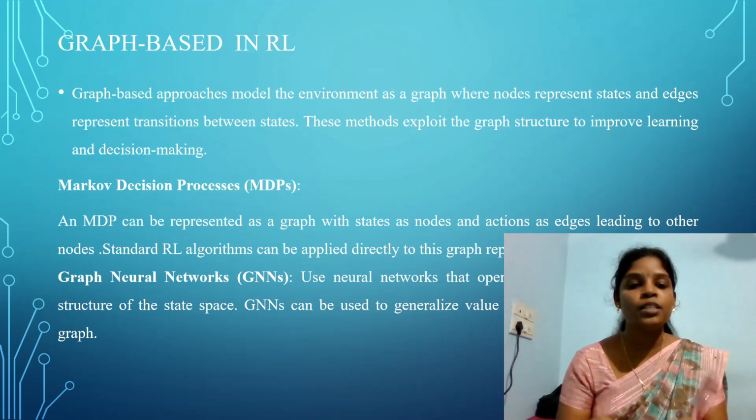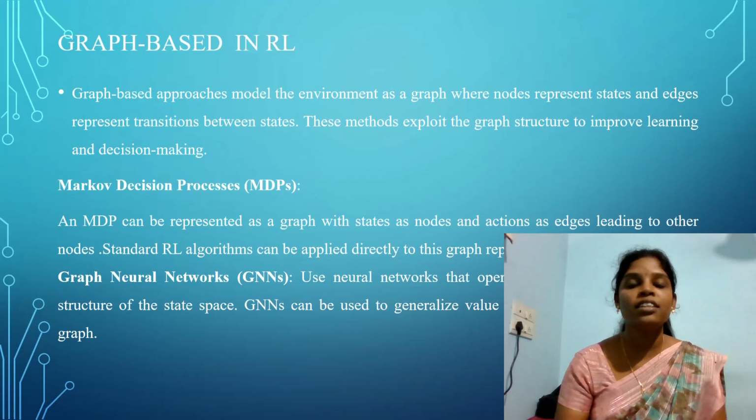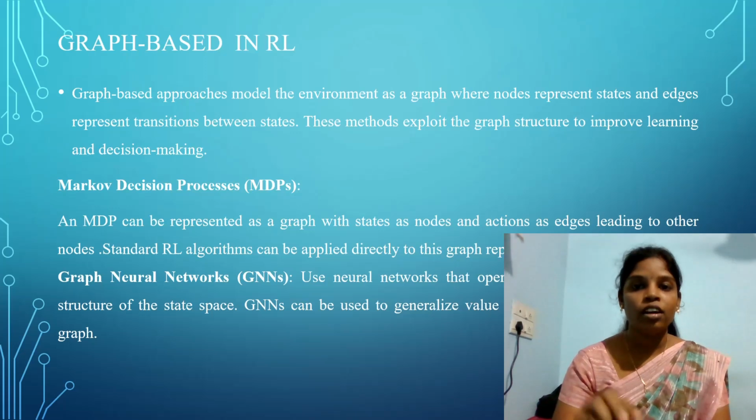The structure of the state space is captured by a graph neural network. We find the structure of the state space and generalize the value function V of s comma a, implementing the policy over the graph environment.